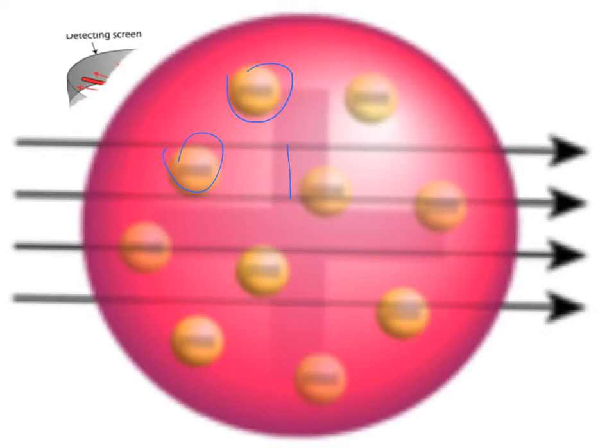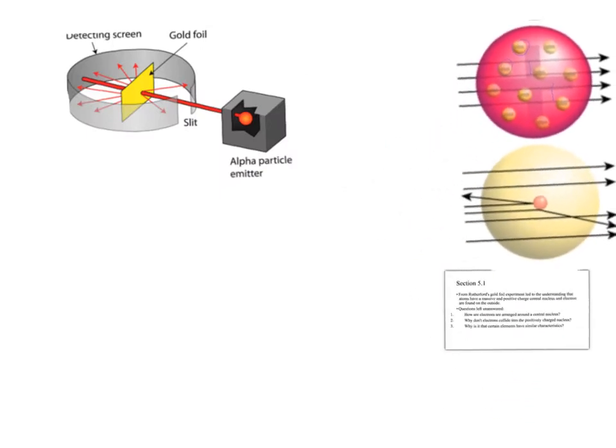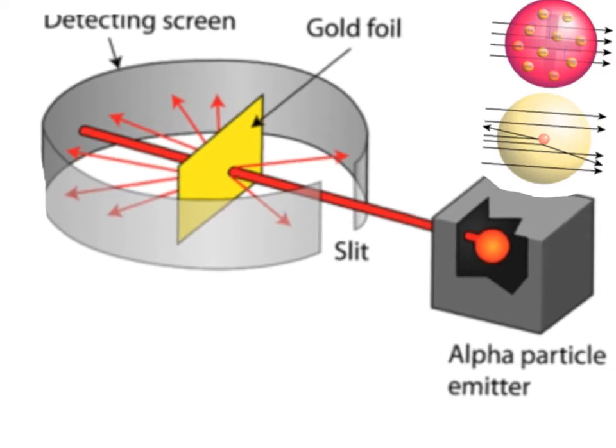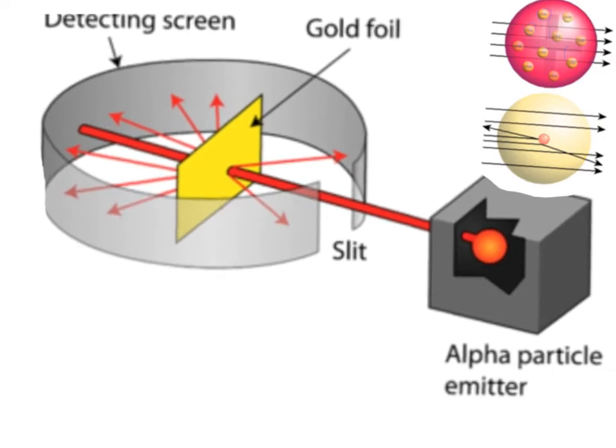So the idea behind this was that if we took positively charged particles, such as alpha particles here, and bombarded a thin foil sheet of gold with them, most of the positive particles should go straight through the negative without any resistance, but that's not what we saw.